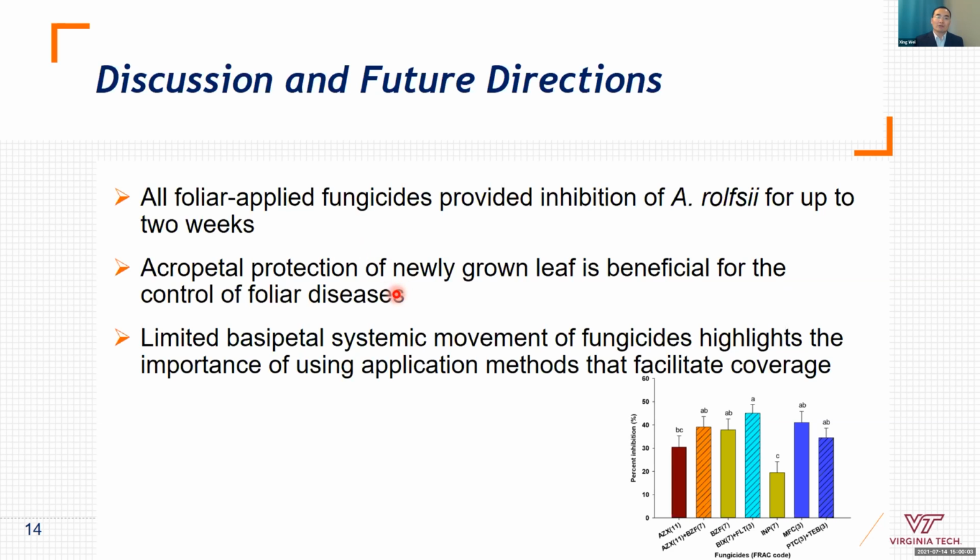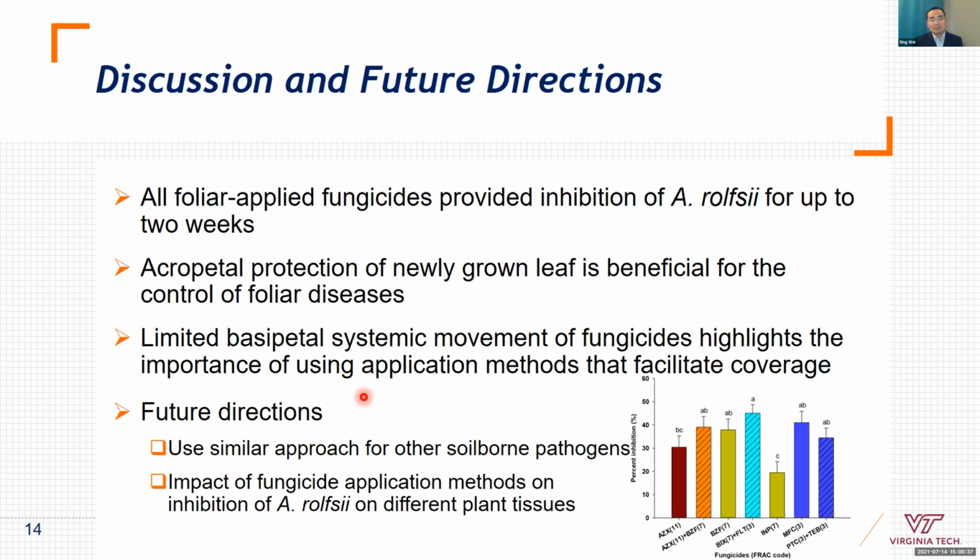Secondly, those chemicals are also labeled for foliar disease control, such as leaf spot, so the acropetal protection of the new green leaf is beneficial for the foliar disease control use of these chemicals. Lastly, the limited basipetal or downward movement of these fungicides highlights that we need to use an application method that can have the maximum coverage so as to achieve better efficacy for pathogen control.